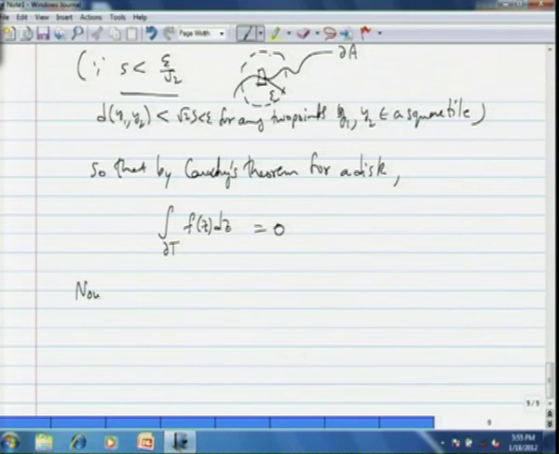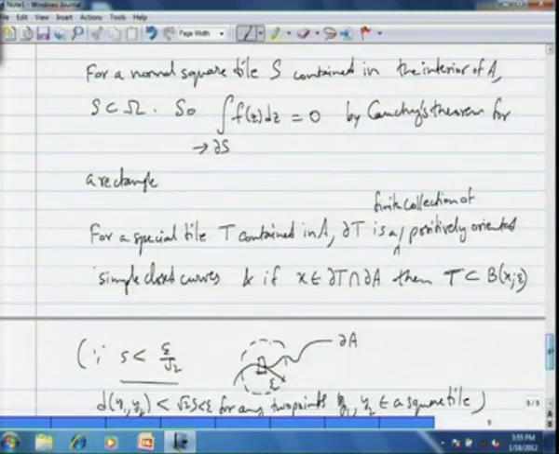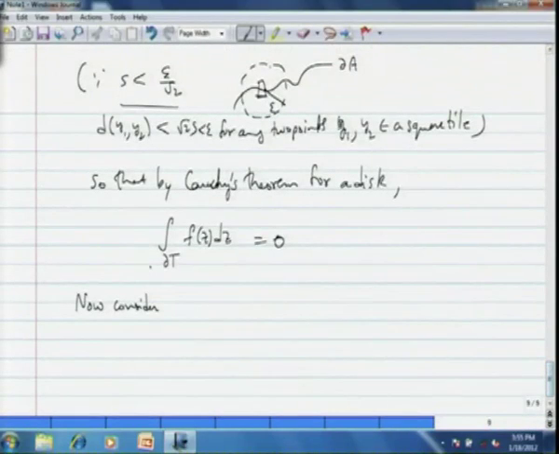Now, whether you take a normal tile or a special tile, the contour integration on the boundary oriented in the positive sense of f is equal to 0 by two different versions of Cauchy's theorem.